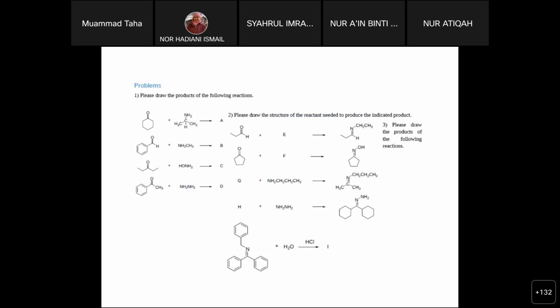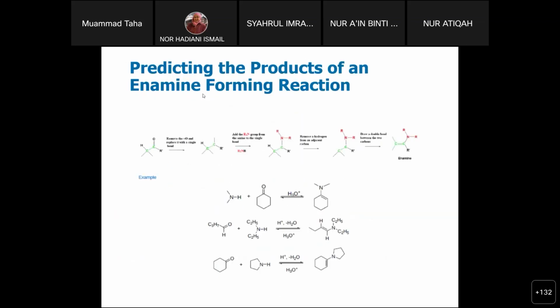Can you go one or two slides back? Yes. The very important thing you need to understand is that you see here this is the carbonyl and this is the alpha hydrogen. Always remember that an enamine can only form when there is an alpha hydrogen available.